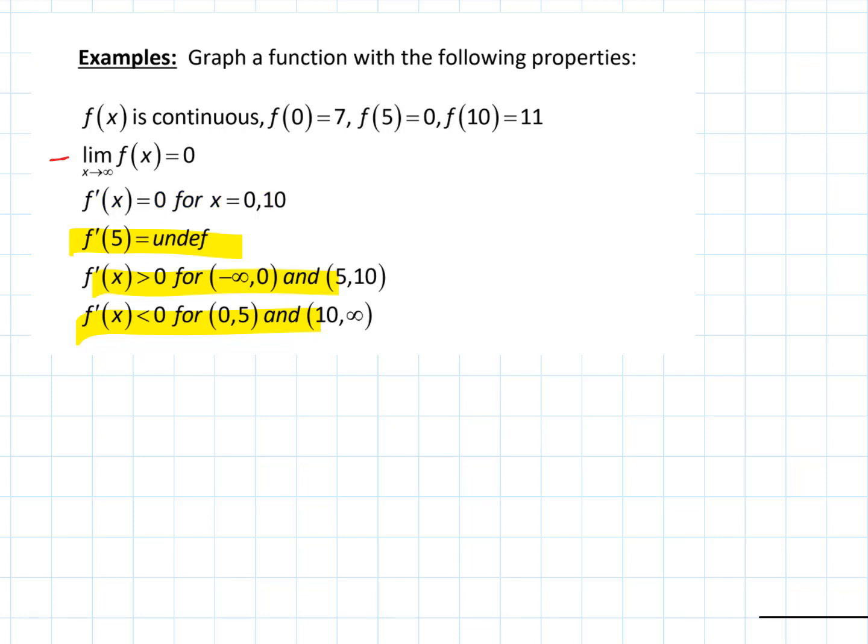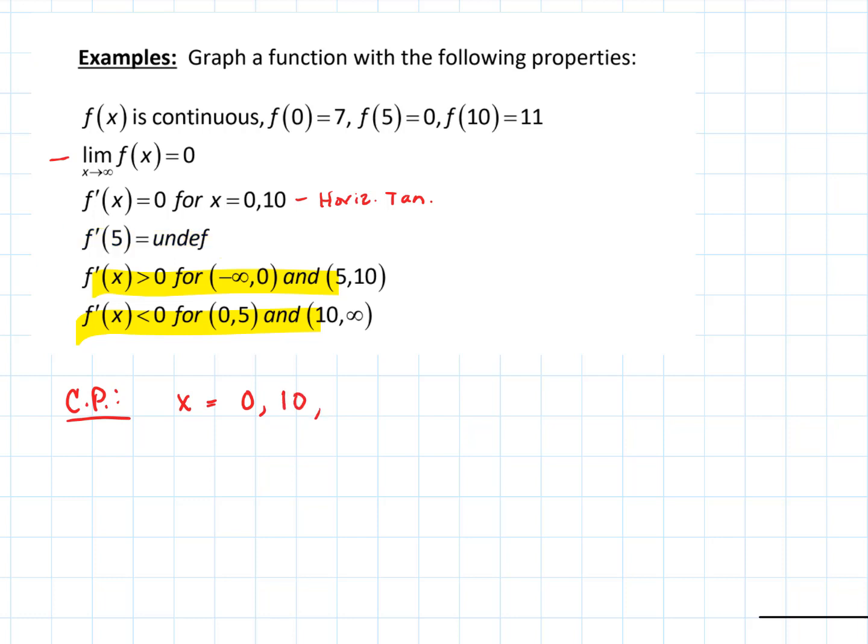Well, what does that mean? What does that tell me about the function? That means those are places where I have a horizontal tangent. It is also giving me some critical points, so I'm going to list some critical points down here. By definition, a critical point is a place where the derivative equals 0 or is undefined. So we know that 0 and 10 are critical points.